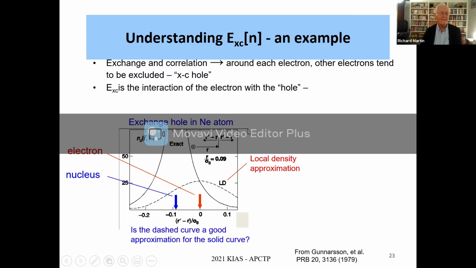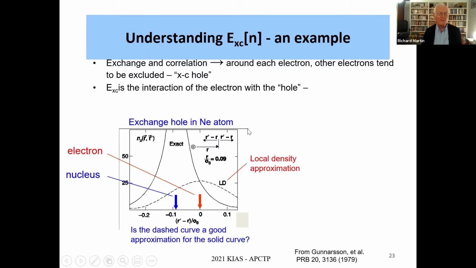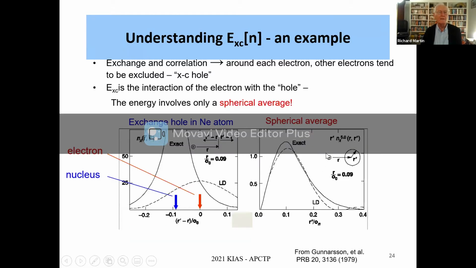Would you think that this dashed curve is a good approximation for the solid curve? Well, I think not. But this is where we're saved by the idea that we're looking at the energy, and the energy is a spherical average.